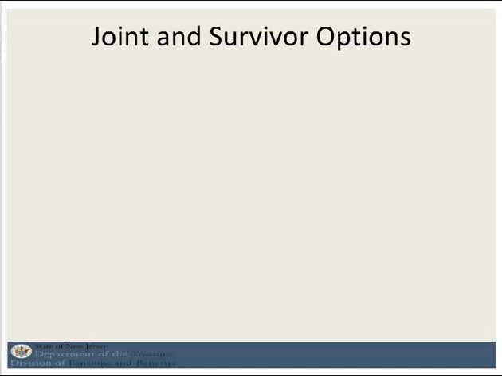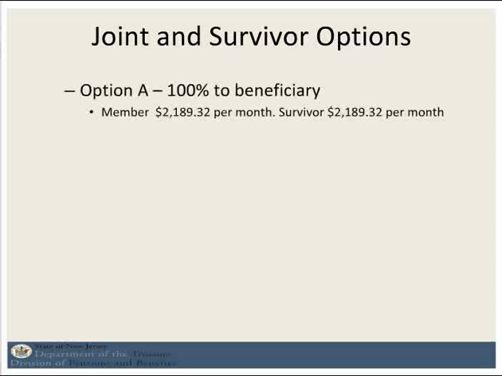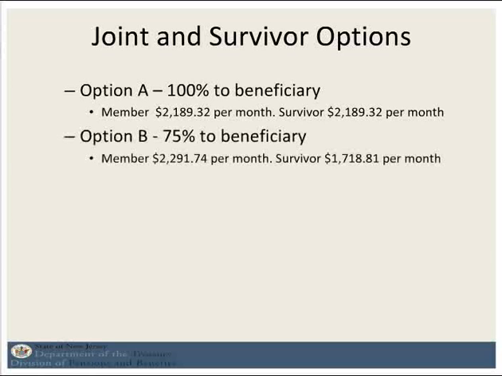In our sample estimate, the joint and survivor options came up like this. Option A, 100% to a beneficiary, paid the member $2,189 a month and paid the same to the survivor. Option B, which is 75%, paid the member $2,291 and paid the survivor $1,718.